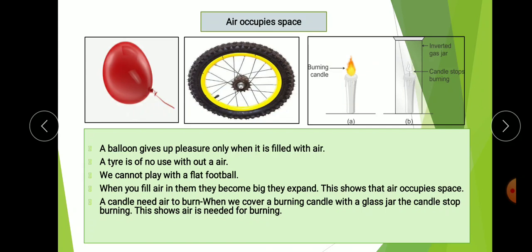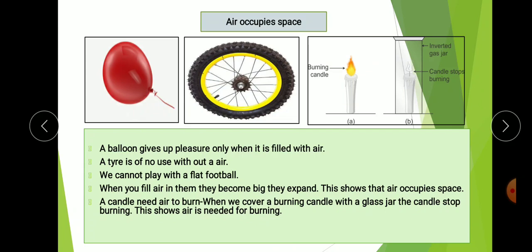Now one by one we have studied the characteristics or properties of air. First is air occupies space. You can see in the images here a balloon, tire and a candle. The balloon and tire occupy air. They are filled with air.